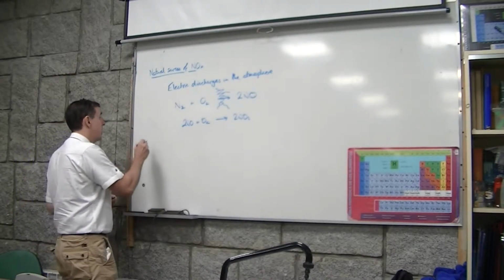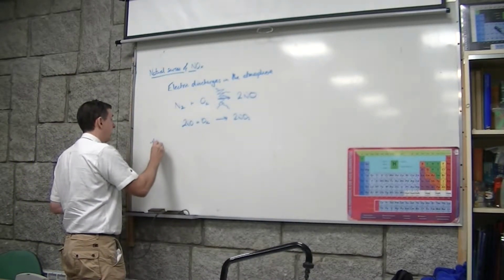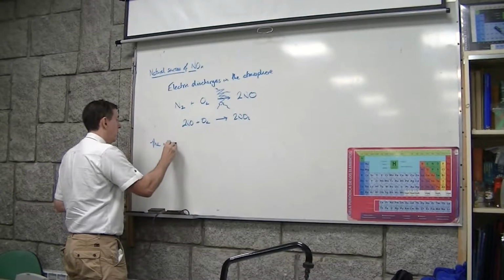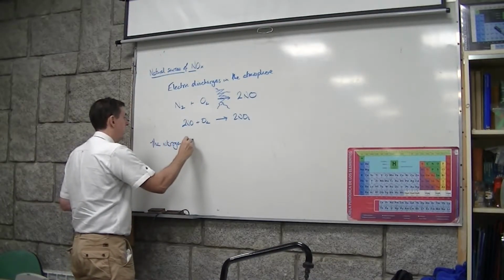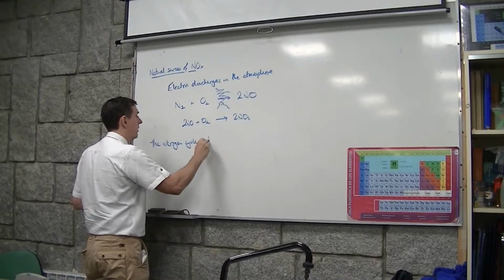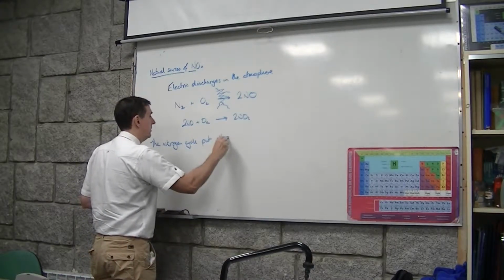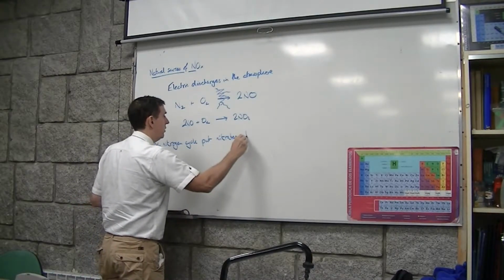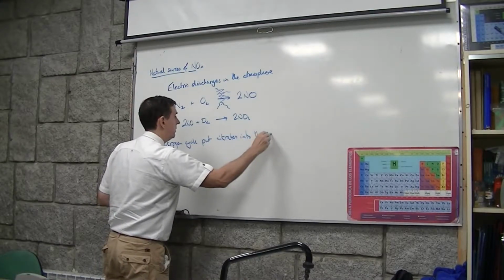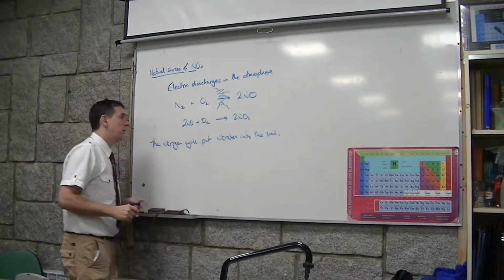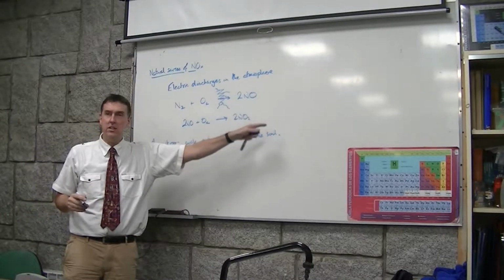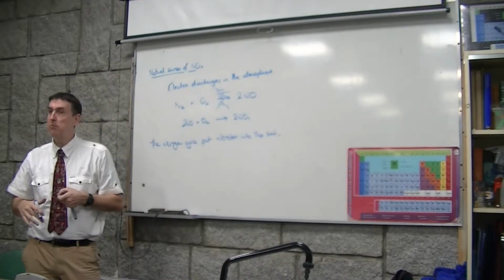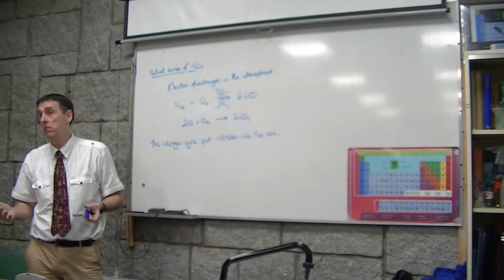The nitrogen cycle puts nitrates into the soil. So we've got the nitrogen oxides, nitric acid. Nitric acid falls on basic soil such as calcium carbonate.